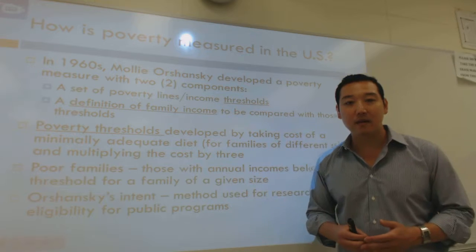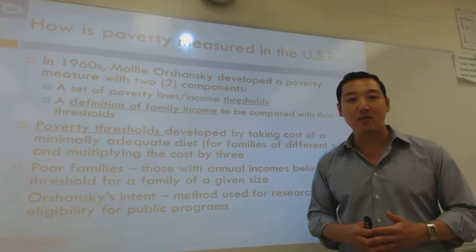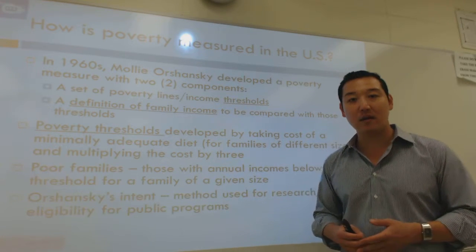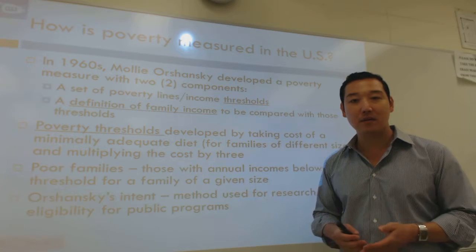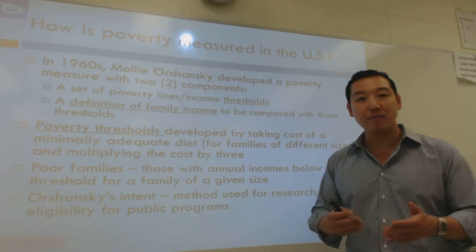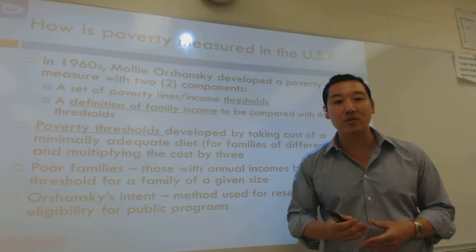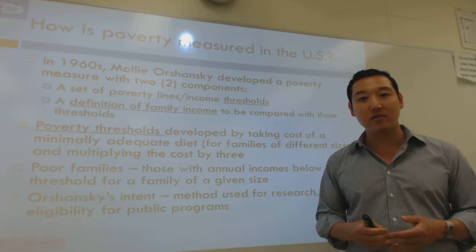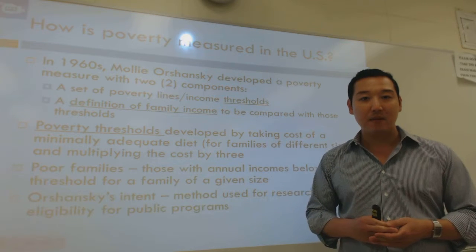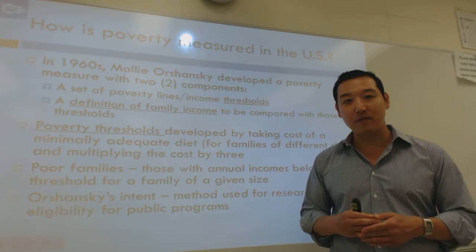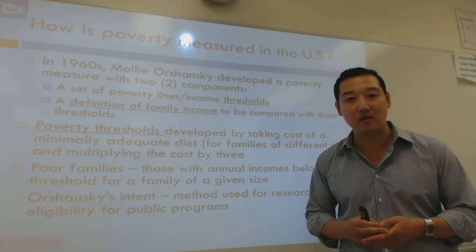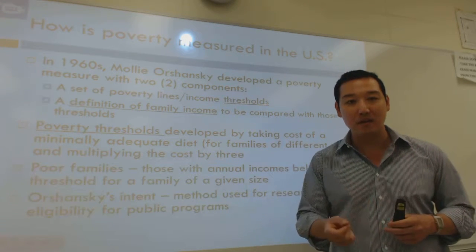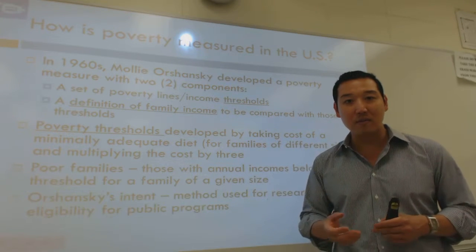So just a little bit about the history of poverty measurement. Molly Orshansky is the person who is credited with coming up with the very first measure of poverty. She was a researcher at the Social Security Administration back in the 1960s, conducting some research on the older adult population. She came up with her very first poverty measure, and she conceptualized two basic components to measuring poverty.